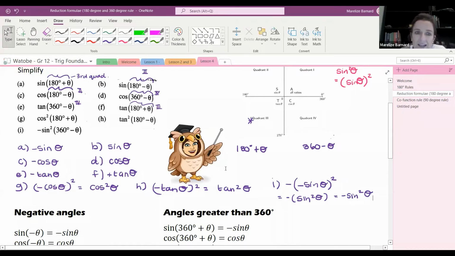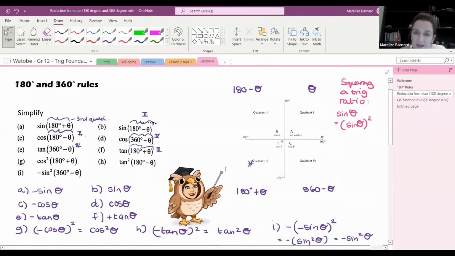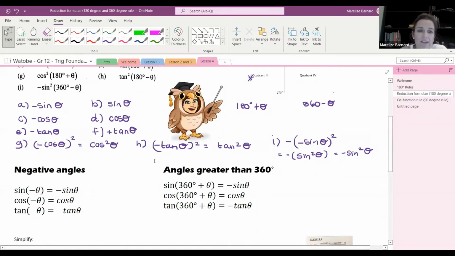Okay, well done, everybody. I think we had a good warm up there with our course diagram and our quadrants. And let's carry on now to looking at negative angles and angles greater than 360 degrees. So, negative angles.